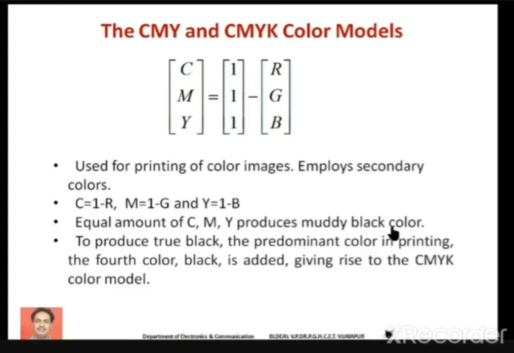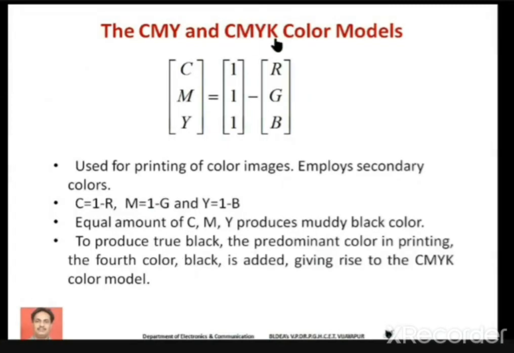The muddy black color means it will not be perfect black. That's why at a later stage, they thought of adding the true black color separately for printing of black color. That's why the model is referred to as the CMYK color model.